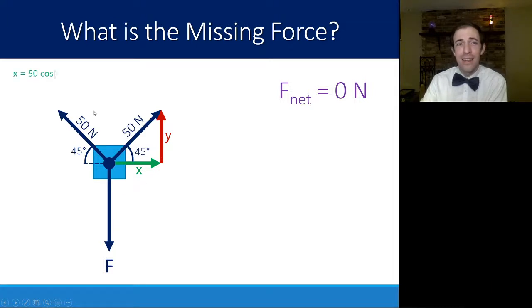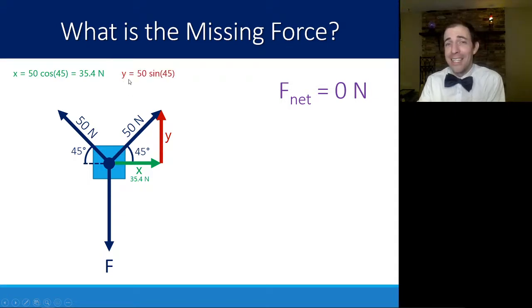To solve for these two values, I'm going to find x: the cosine of 45 is x over 50, which means that x is 50 times the cosine of 45, which comes to 35.4 newtons. So I'll write that here. I'll also write it down below. Finding y is the opposite. So sine of 45 is y over 50, or y is 50 times the sine of 45, which is also 35.4.